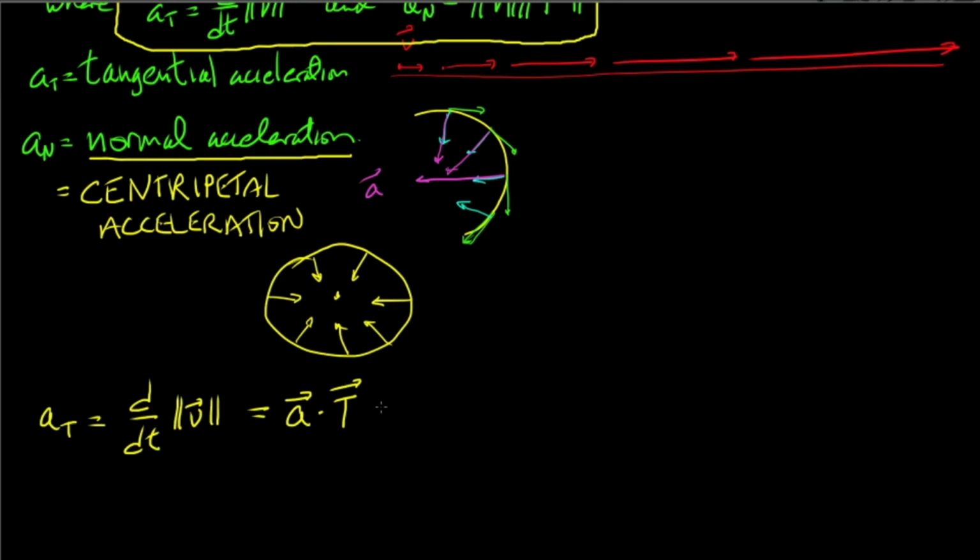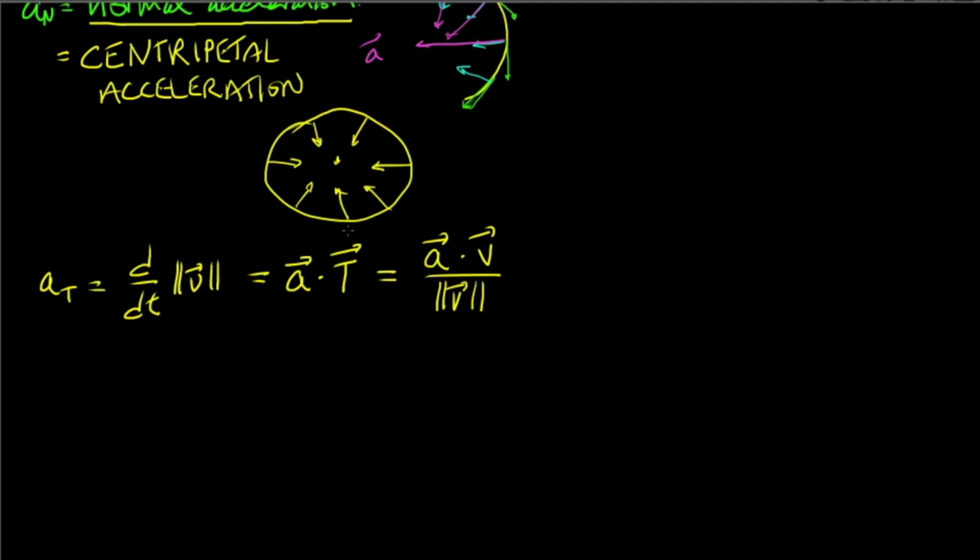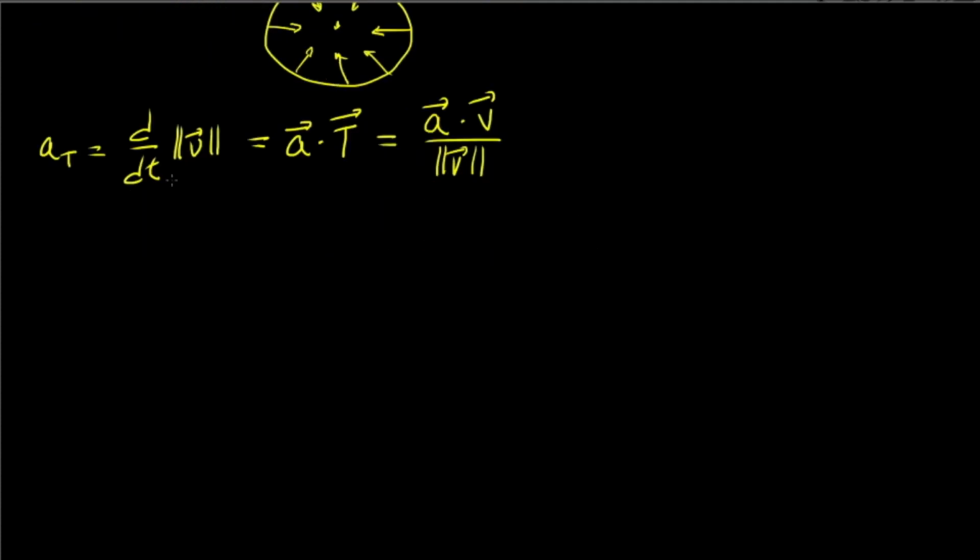Or, if you don't want to bother calculating t, you can just take the acceleration vector dot the velocity vector, and then just divide by the speed, the magnitude of the velocity. So all these are perfectly good ways to calculate the tangential acceleration.